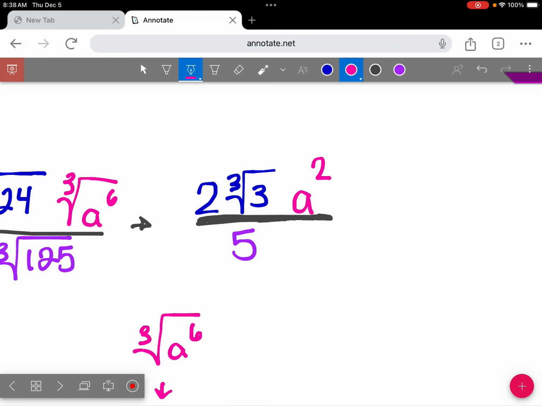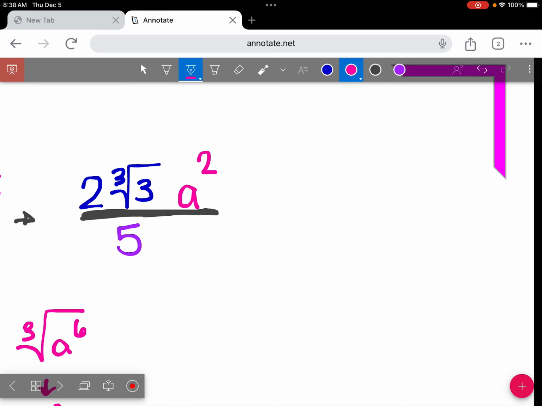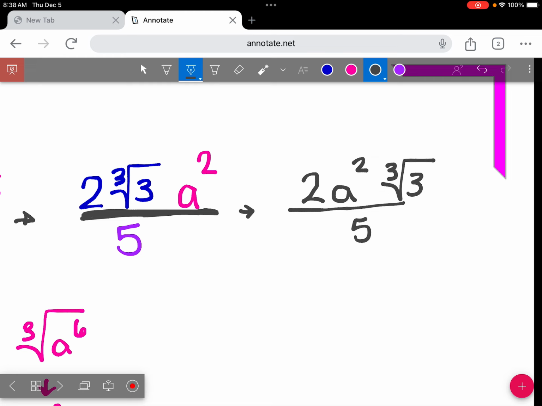I recommend we switch this around to have my a squared in front of the radical, but honestly, if you do this and you just make it really clear, I won't take points off, as long as I can tell your a squared's not in the fraction. But the best answer would be 2a squared cube root of 3 over 5.